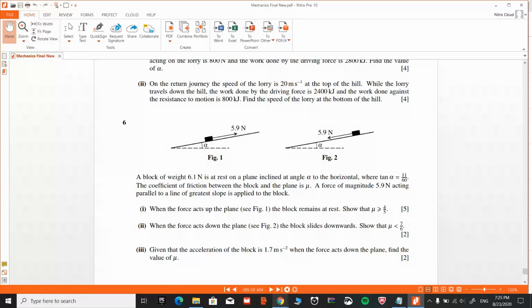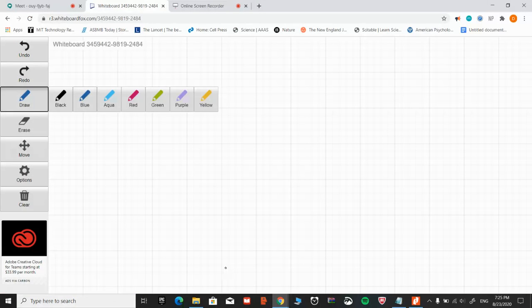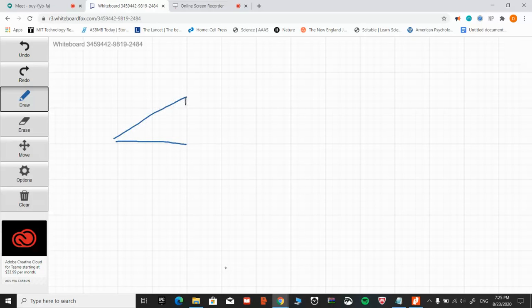Now, initially, this might be too scary, so I'm just going to try to see what we can deduce so far. So this is alpha, and this is a 5.9 Newton force, all right? And we have mg sine alpha acting in this direction, mg cos alpha acting in this direction, and of course the normal contact force.